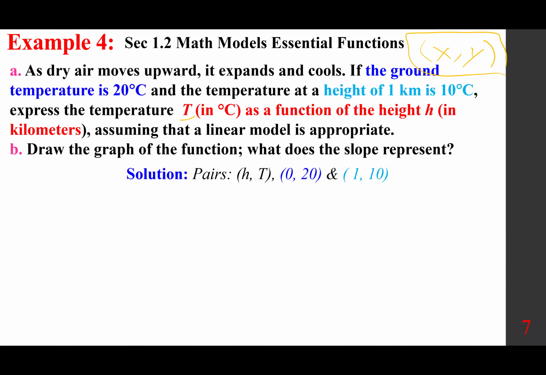Because t is a function of h. h is the independent variable, t is the dependent variable. At the ground level, 20 degrees, so the height is 0 and the temperature is 20 degrees. And at 1 kilometer, the height is 1, the temperature is 10, it's decreasing, okay?